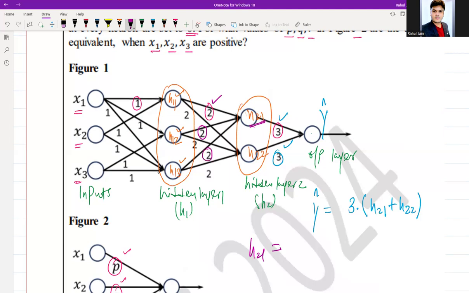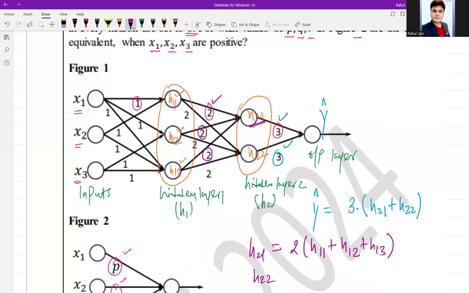So each and every neuron has some weight associated with it, and the result gives me H21. That is, I can write it as 2 of (H11 plus H12 plus H13), correct?